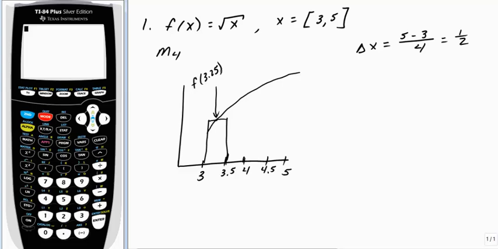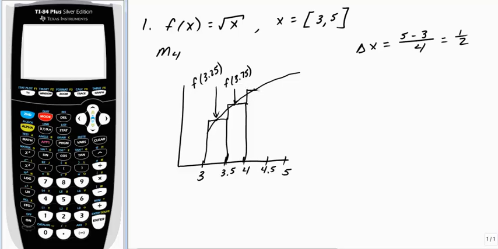The height of this second rectangle between 3.5 and 4 is going to be whatever the height is at 3.75. So I take that height, go over and down in both cases, and I know that height was f of 3.75. For my third rectangle, again, it's going between 4 and 4.5. The height of it is going to be determined by 4.25.